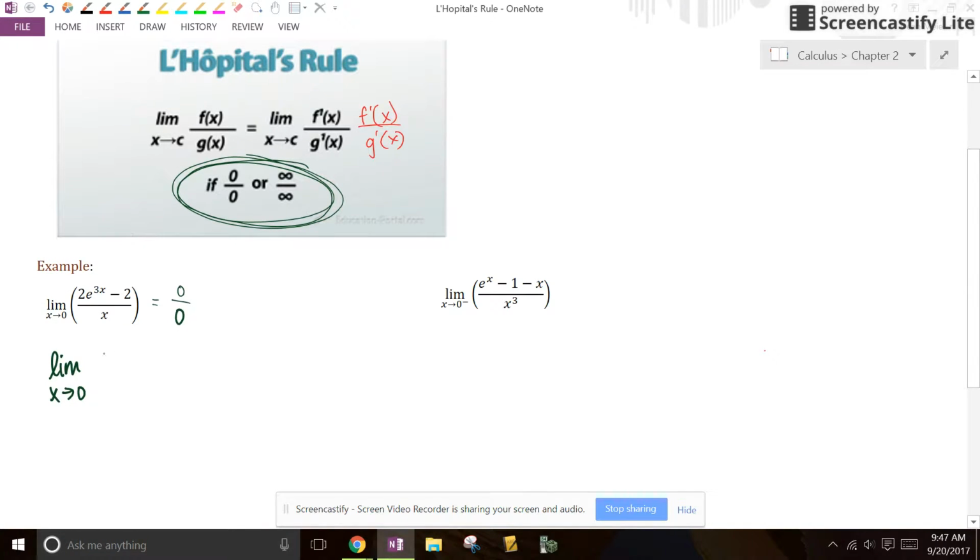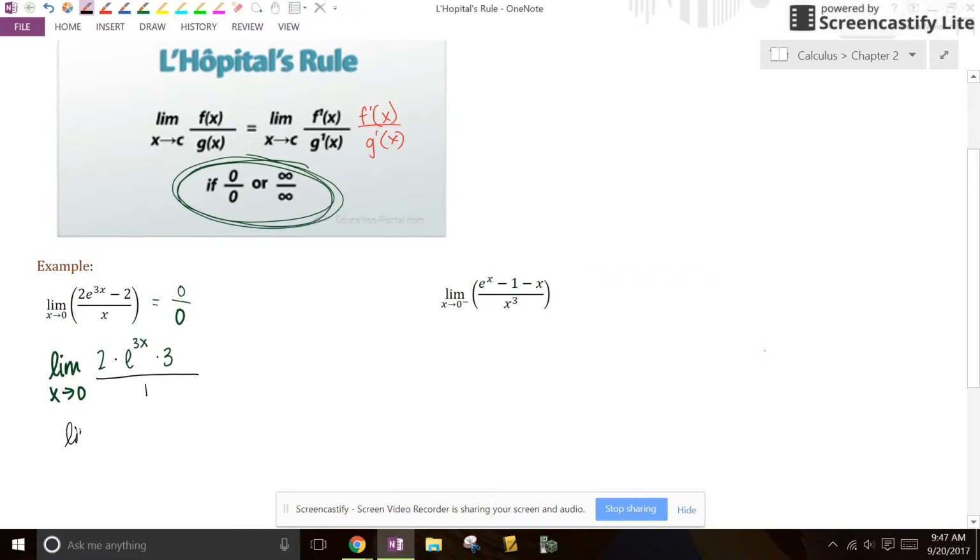So here we go. Take the derivative of the top. Well, the 2 is just a constant, so don't worry about it. But the derivative of e to the 3x is e to the 3x times the derivative of the exponent, which in this case is 3, minus the derivative of 2, which is 0, all over the derivative of the bottom, which is 1.